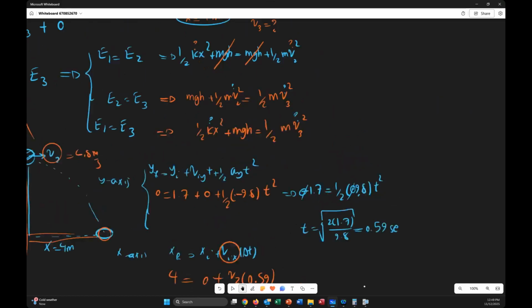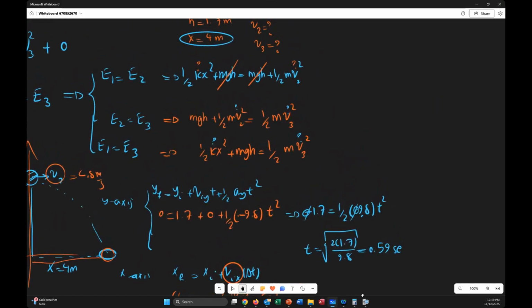To these equations, which one is helpful to find the K? Let's start with the first one. Because these two cancel each other, what is left? 1 over 2 k x squared equals 1 over 2 m v squared. The 1 over 2 cancel each other, and k is going to be m velocity squared divided by x squared.